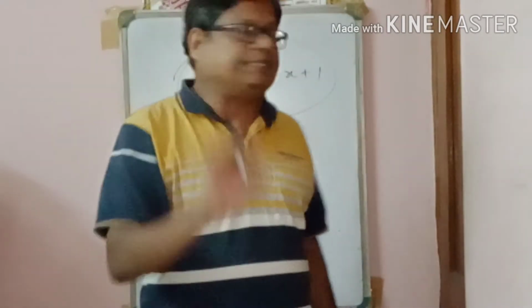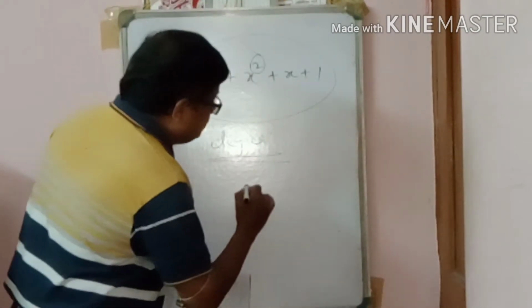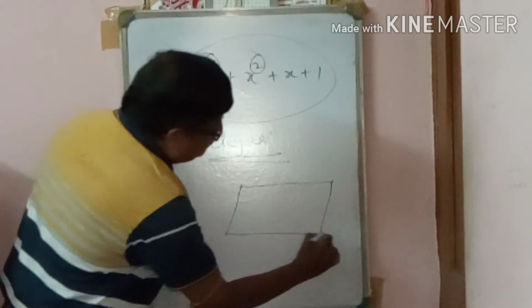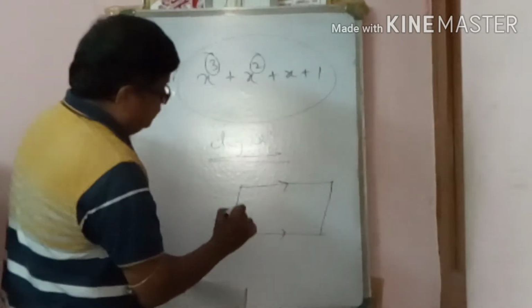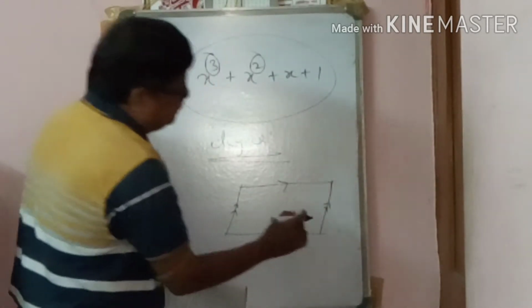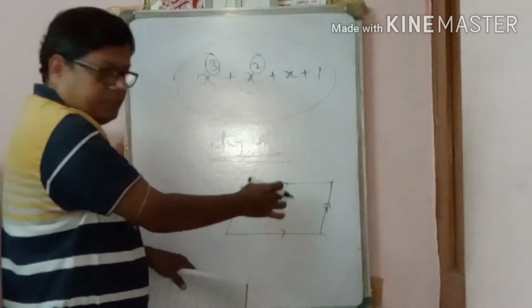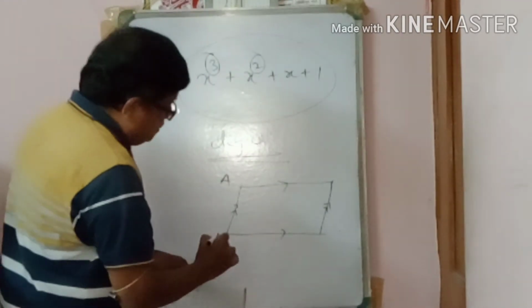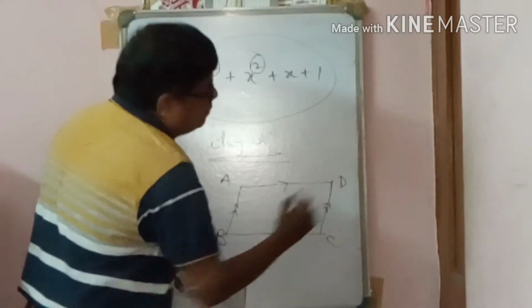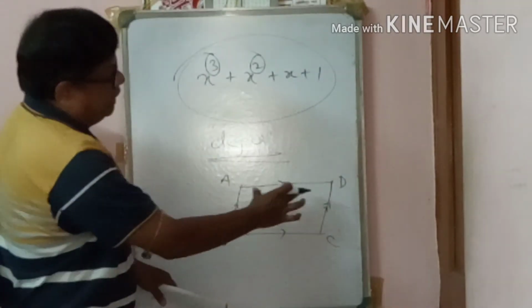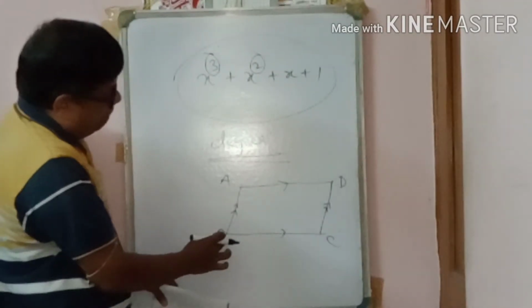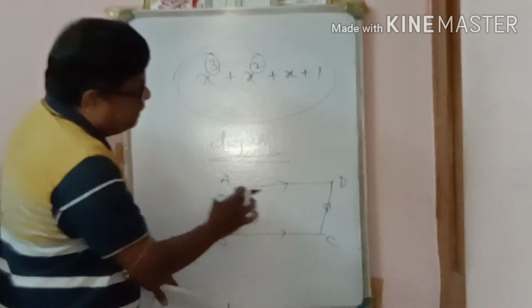Now, the diagonals of a parallelogram dash each other. All of you know a parallelogram: opposite sides are parallel and also equal. If ABCD is a parallelogram, we can write AD parallel BC, and BA parallel CD.